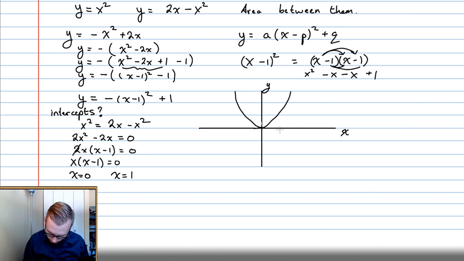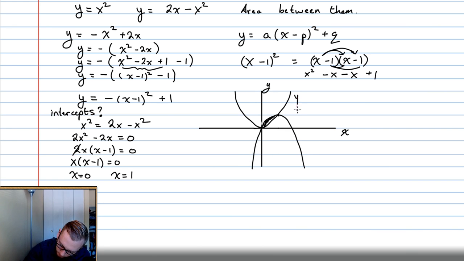We go about here. And plus 1 would be here. This would be our vertex. It would go negative with a standard pace. This is our region, right in here. A little small, probably could make it a bit bigger. But this is our y equals x squared, and this is our y equals 2x minus x squared.